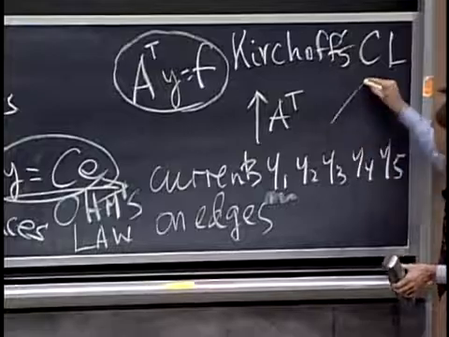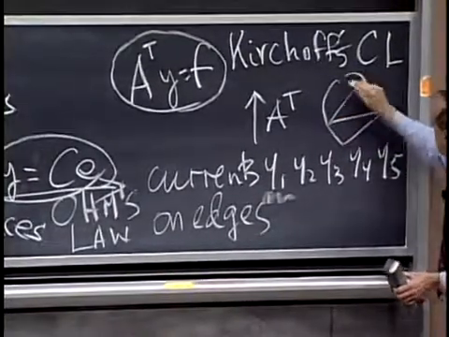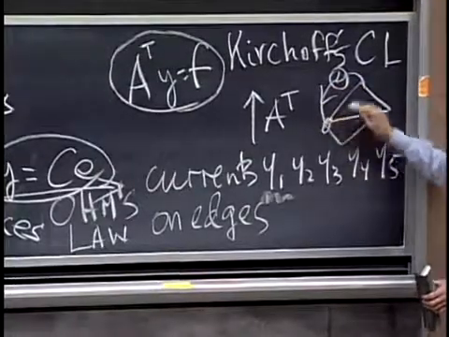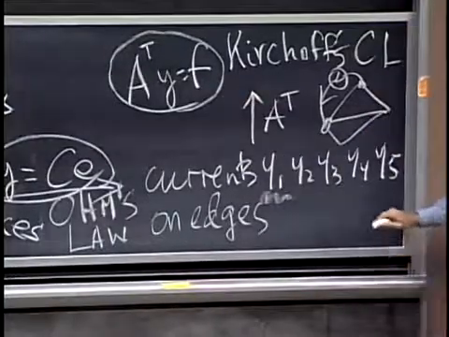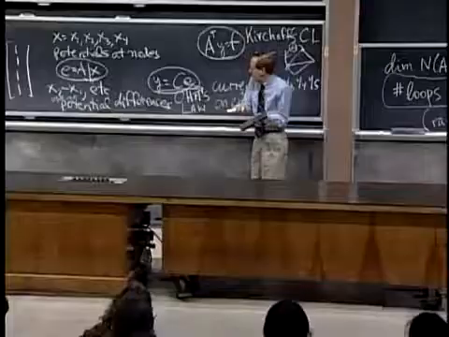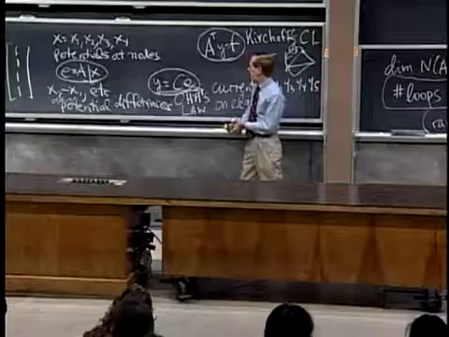So we have our edges, we have our graph, and then I send 1 amp into this node and out of this node, and that gives me a right-hand side in Kirchhoff's current law. And to complete the lecture, I'm just going to put these three equations together.